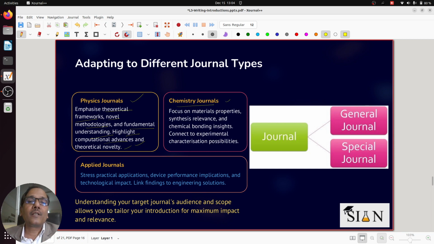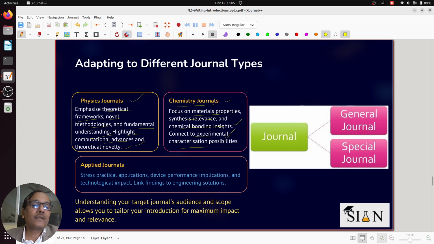For chemistry journals, focus on material properties, synthesis relevance, and chemical bonding insight connected to experimental characterization. Although we are interconnecting physics and chemistry, because there are many journals like chemical physics or physical chemistry, we can combine these two also.